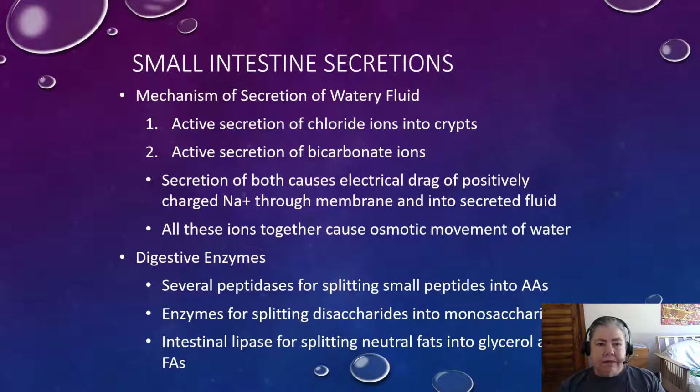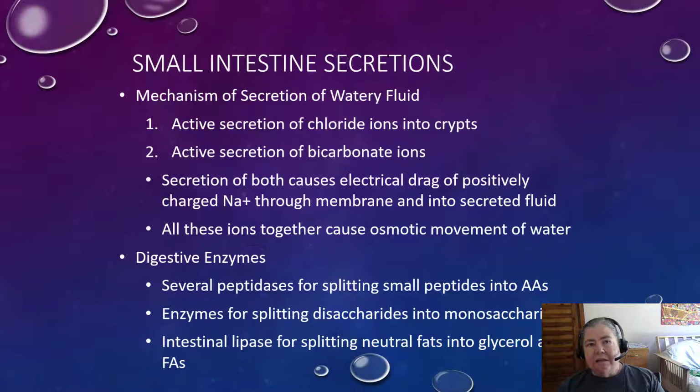From the crypts, we have active secretion of chloride ions, and we have active secretion of bicarbonate ions. These anions coming out of cells and into the lumen of the intestine drag cations like sodium through the membrane and into the secreted fluid.